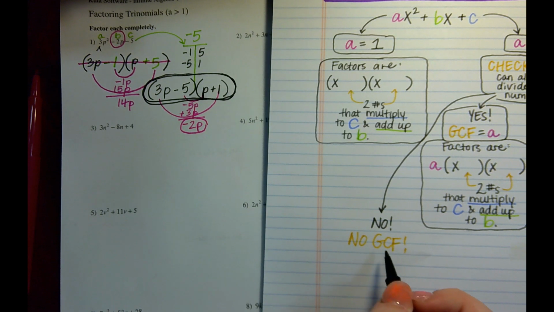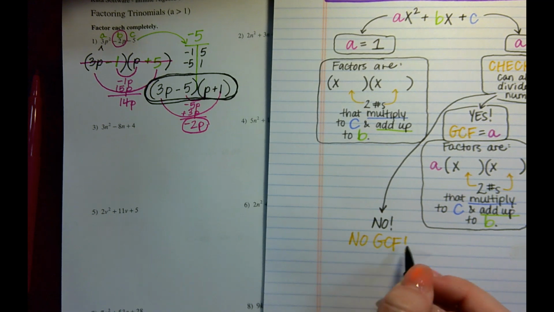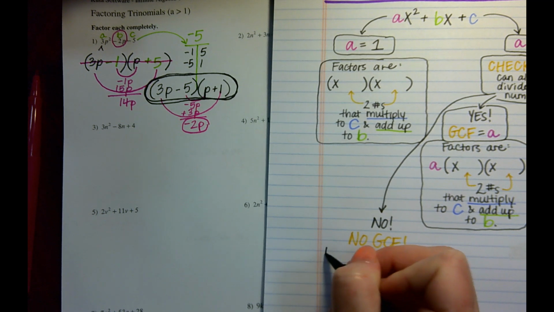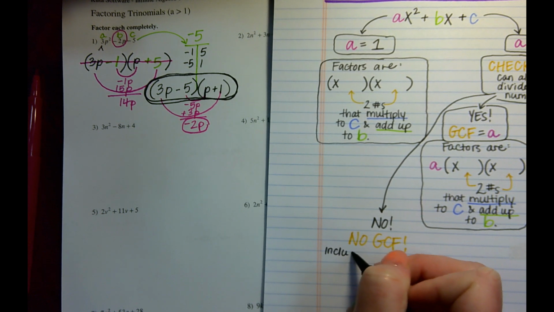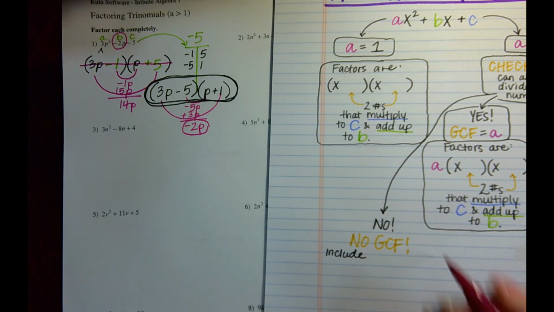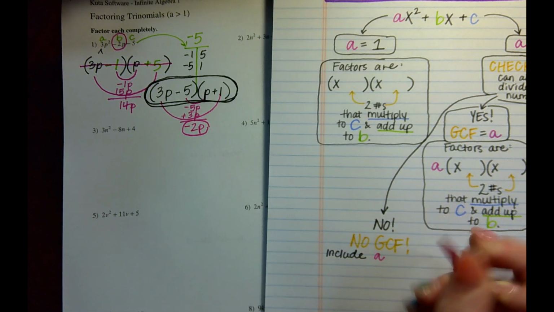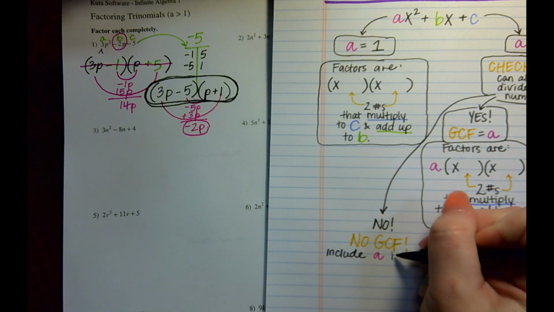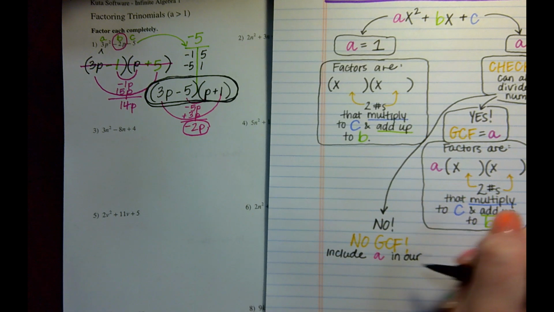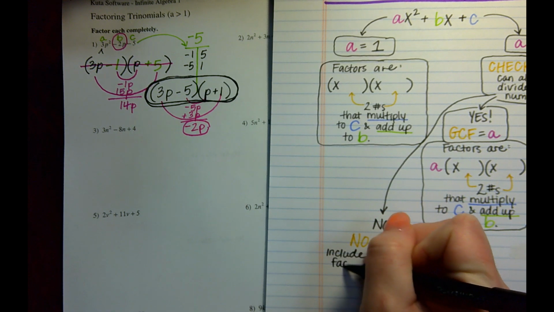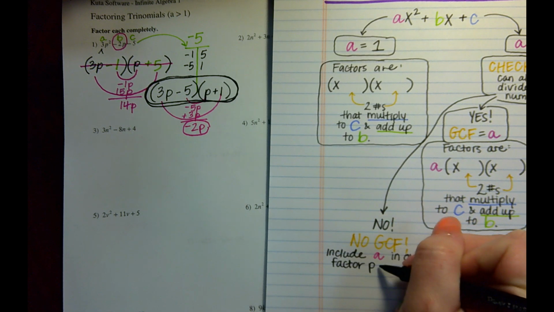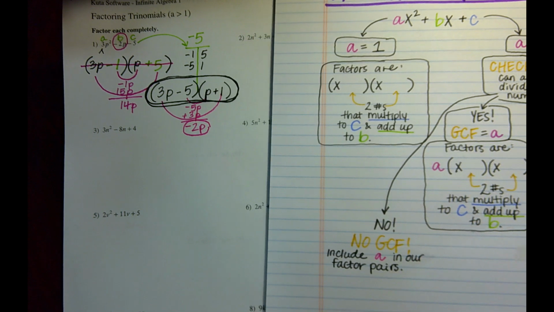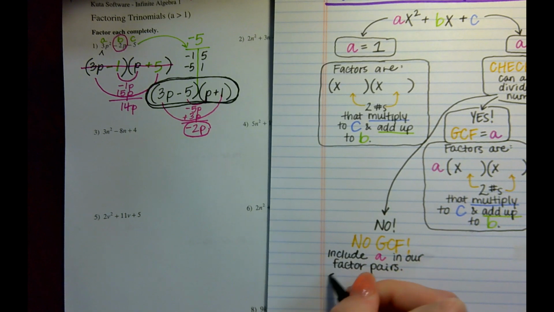So how could I write that? When there's no GCF, we include A in our factor pairs. And that would be like this.